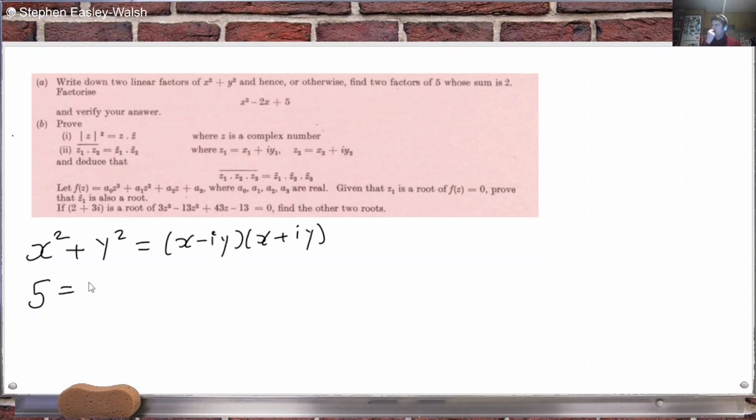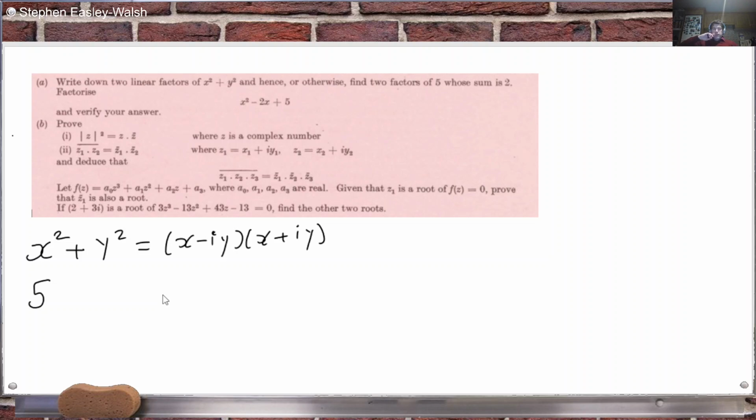Or not 3 and a 1, 3 and a 2. 3 squared minus 2 squared. No, they don't add up to 2. Ooh, okay, this question's harder than I thought. How are they wanting us to do this?